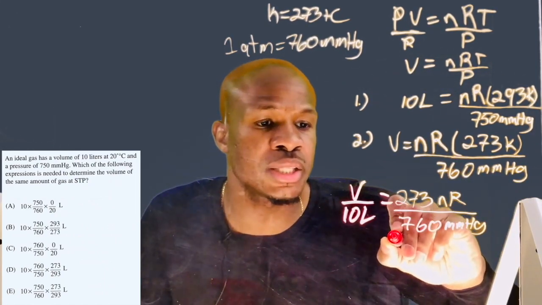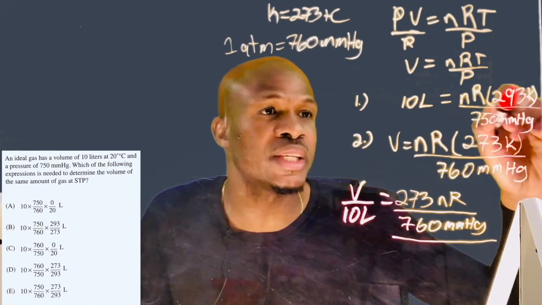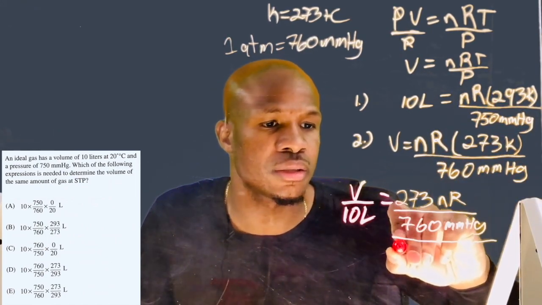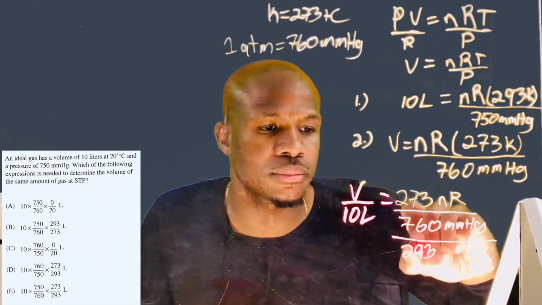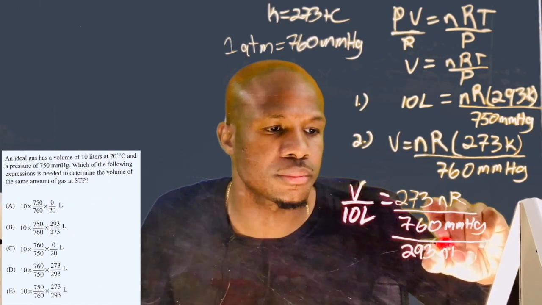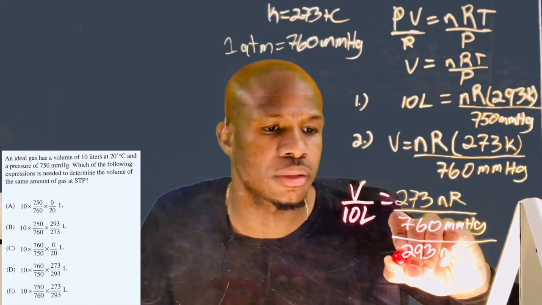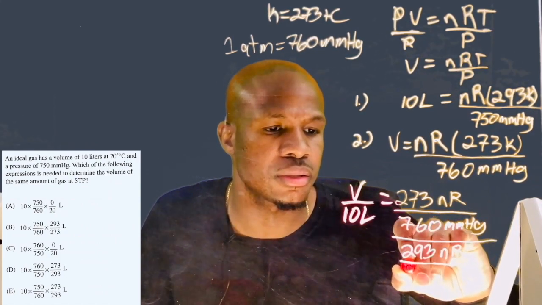And I'm going to divide this by this, right? Which is 293 nR divided by 750.